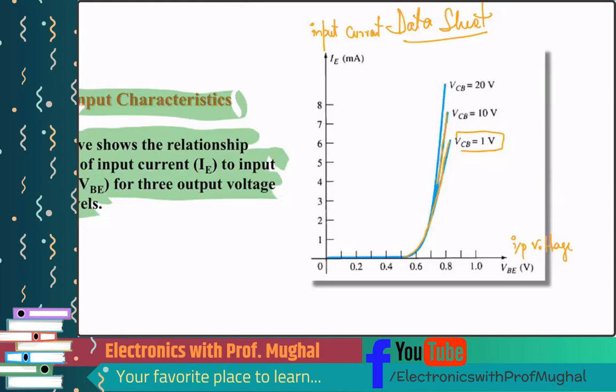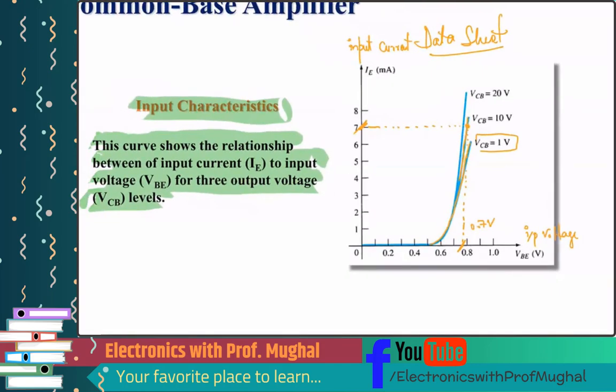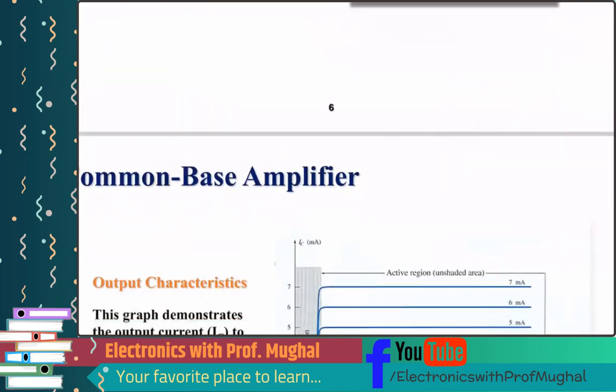So at VCB of 10 volts, say if you are over here, your IE is 7 milliamps, and then your VBE is going to be 0.7.